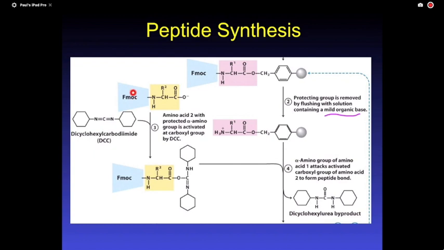Okay. I then, in a separate container, will protect the second amino acid with an FMOC, add DCC to the C-terminus to make this active, and then I drip this particular molecule into the chamber that has your reactive nitrogen, and that nitrogen will attack at the carbonyl, kick up, kick down.